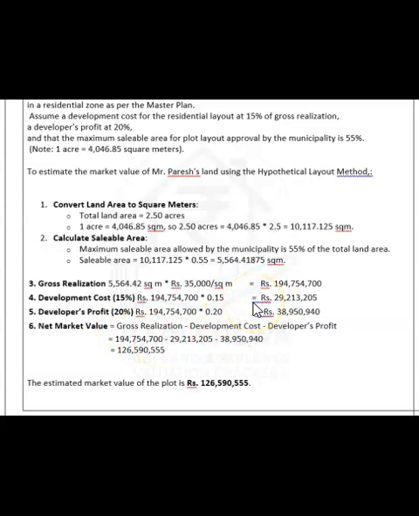Here the finance percentage is not given, so we are not taking finance cost. Otherwise, finance cost of 10%, 15% would also be accounted here. Net market value: gross realization 19 crore 47 lakh 54,700 minus development cost 2 crore 92 lakh 13,205 minus developer profit 3 crore 89 lakh 50,940.